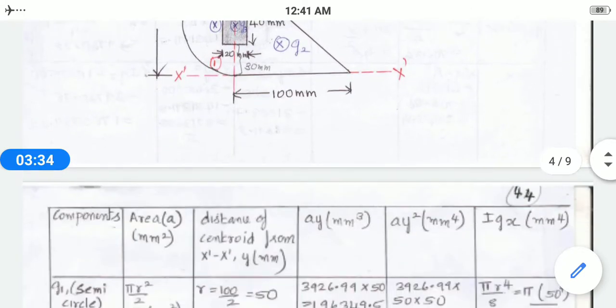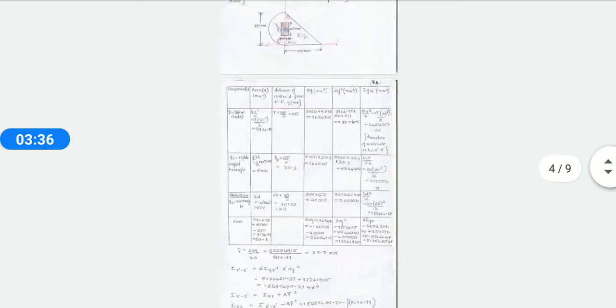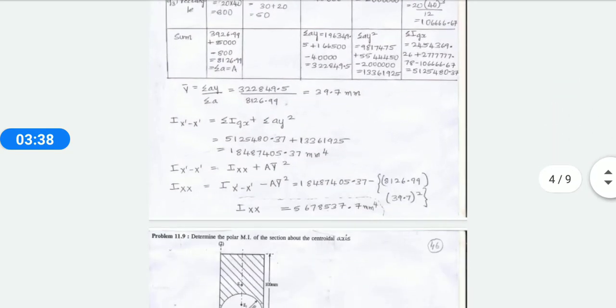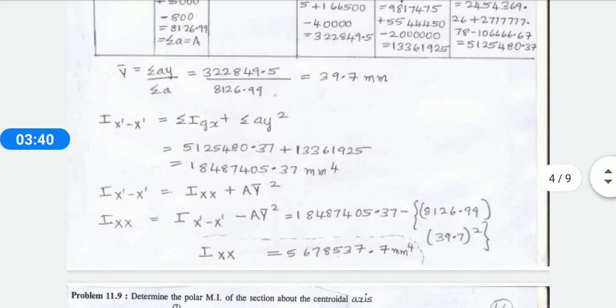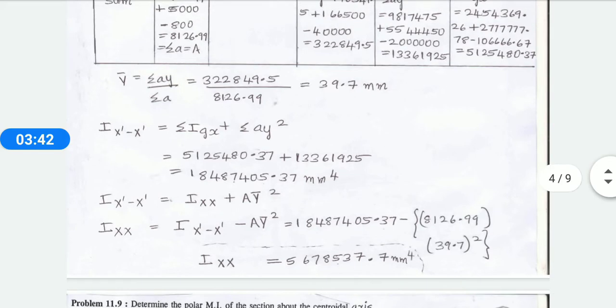What is the formula for Ixx? Ixx is equal to, see, I of x dash is called I of 11. So I of 11 minus A y bar square. That I of 11 can be renamed as I of AA or x dash, whatever the naming may be, you can name it as it is, but the formula is the same.